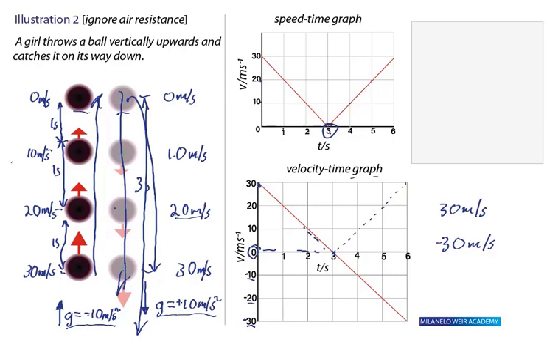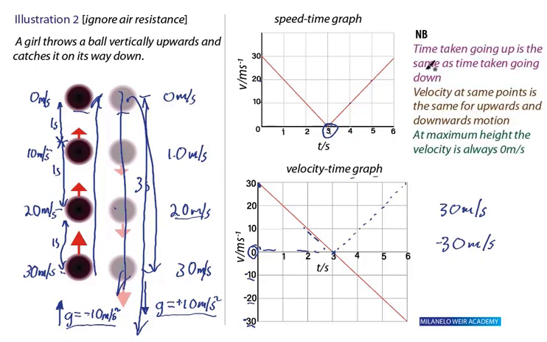Another thing that we need to emphasize is this: the time taken going up is the same as the time taken going down, right? We have proven that. Velocity at the same point is the same for upwards and downwards motion.